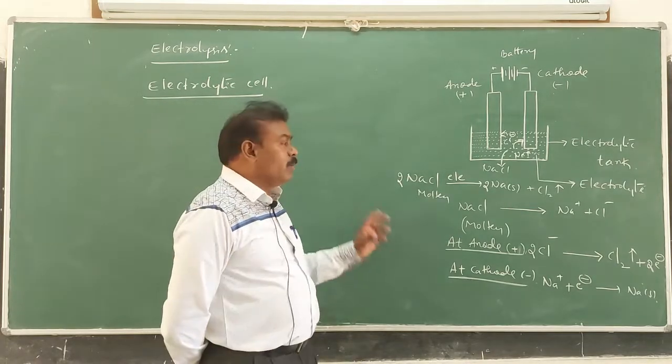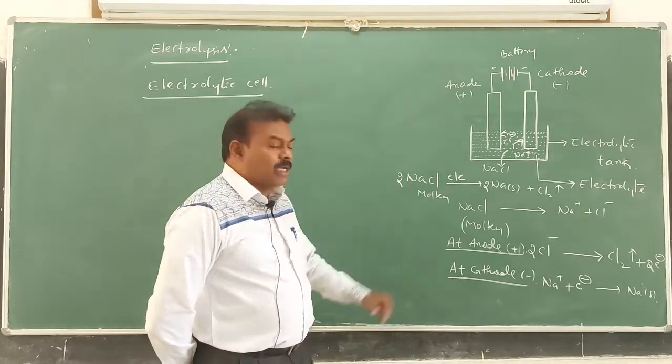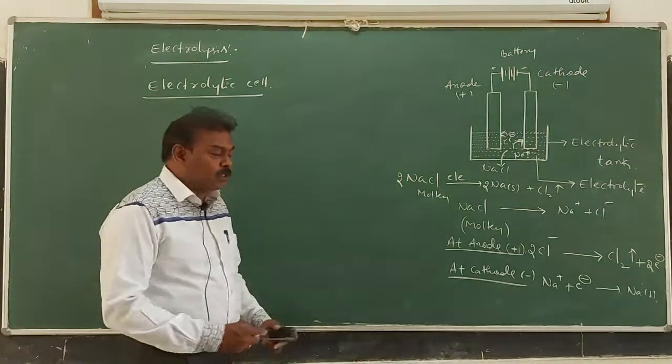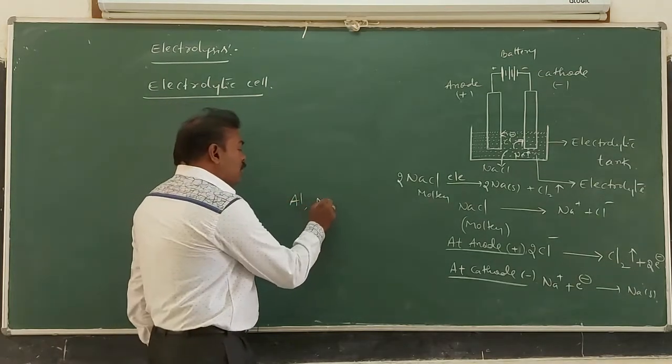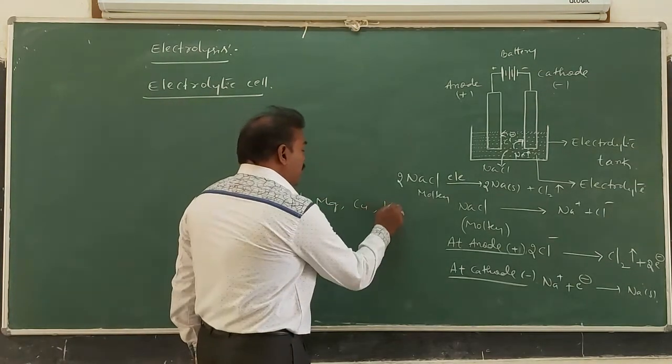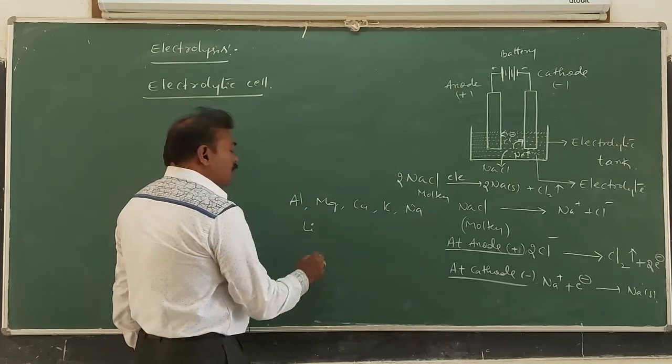Particularly in industry it is very important because we can extract more electropositive metals like what? It may be aluminum metal, magnesium metal, potassium, sodium, lithium.